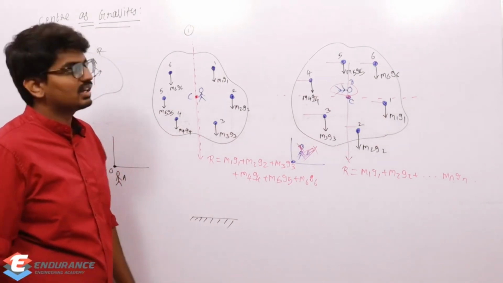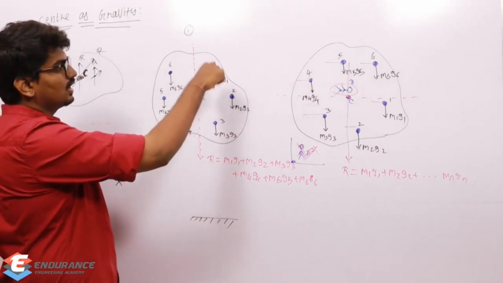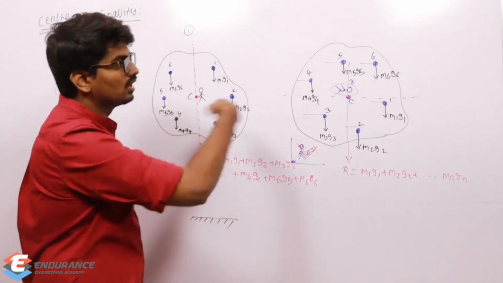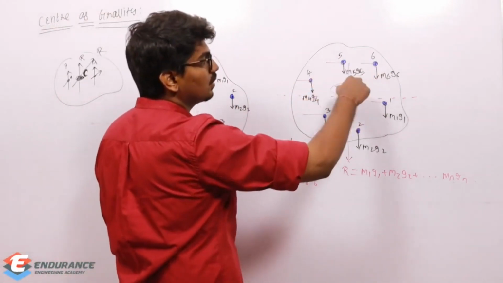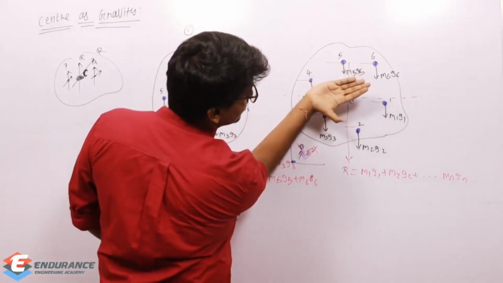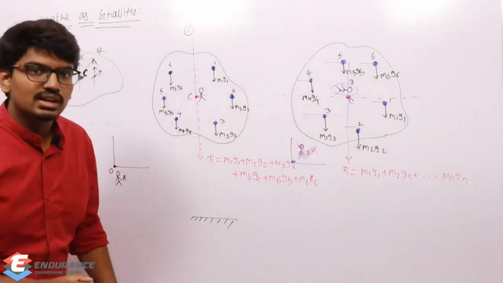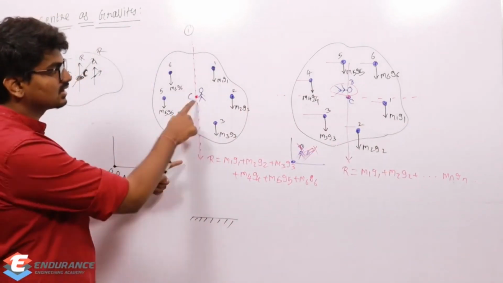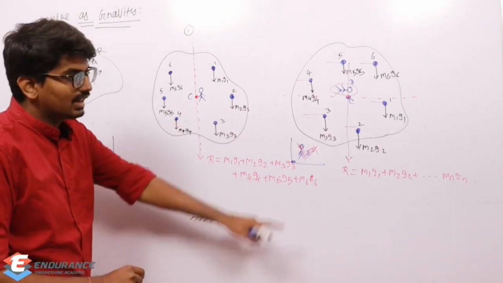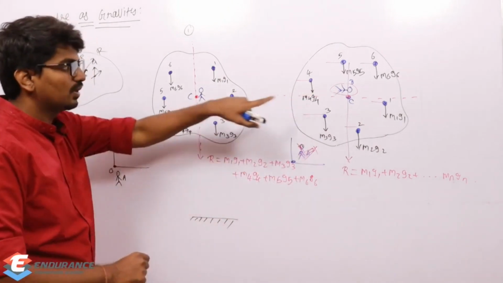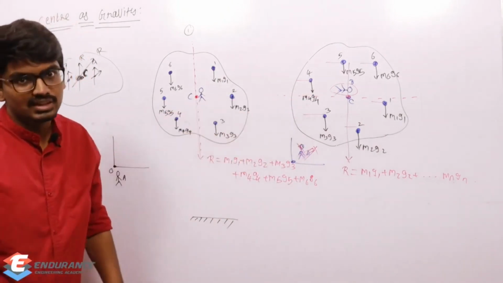With respect to this person, all are oriented down. Now with respect to the same person, now all are oriented left side, right? So again, whatever may be the orientation, the resultant passes through the same point. And that point, point C, is called the center of gravity.